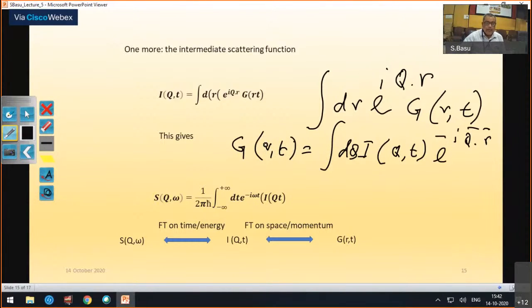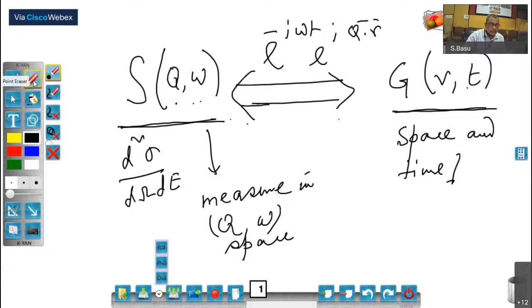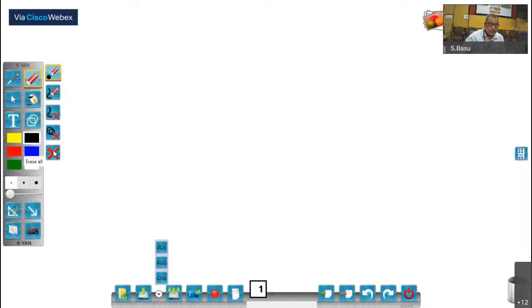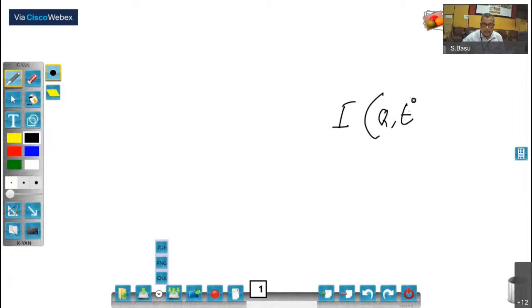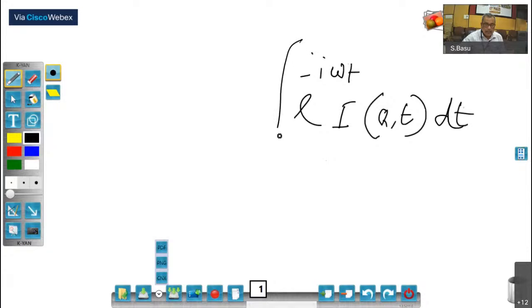And then one more Fourier transform of I of q t will take me to S of q omega.